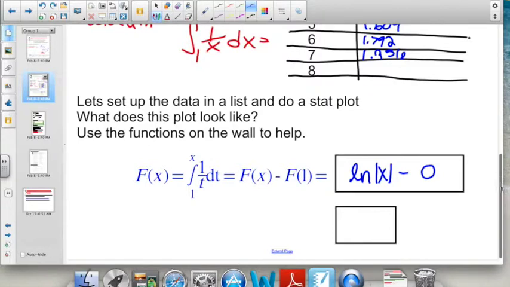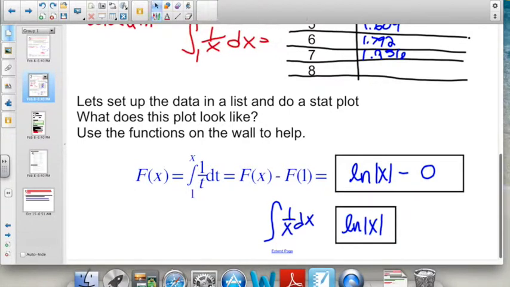So we can simplify that by just calling it the natural log of the absolute value of x. So we know that the antiderivative of 1 over x dx, and you notice right now I didn't write an upper and a lower bound at all, because we're just looking to find an expression for the antiderivative.